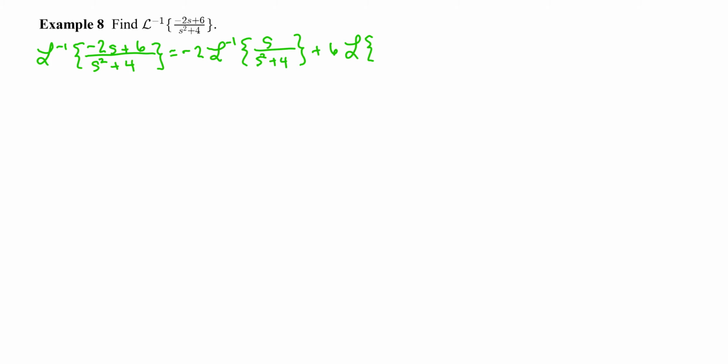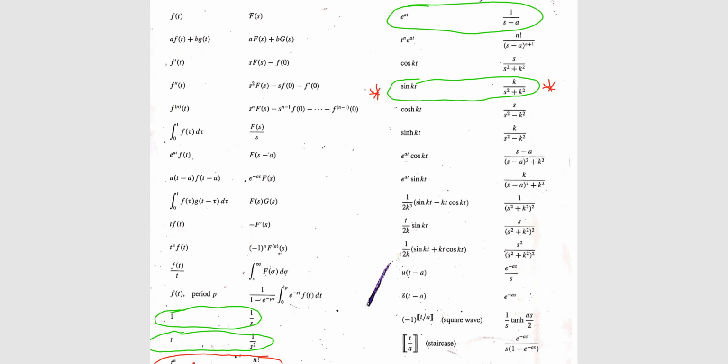We have inverse Laplace transform of 1 over s squared plus 4. Now this first one matches this formula. So we'll be able to find the inverse Laplace transform of that first term. However, the second term requires this constant k in the numerator.